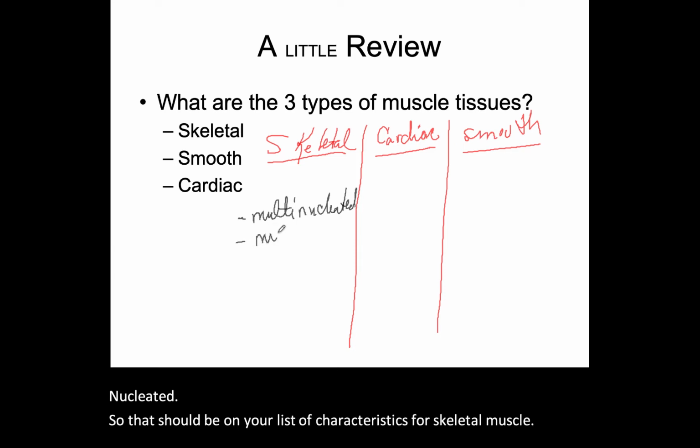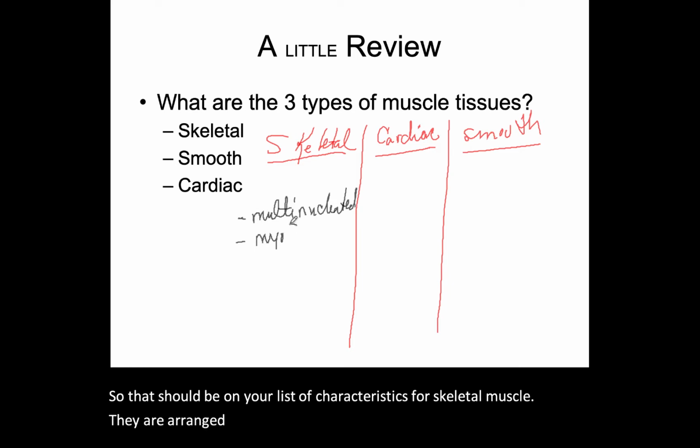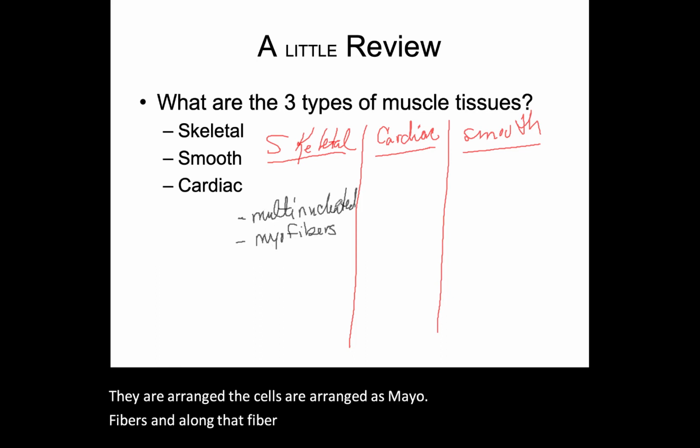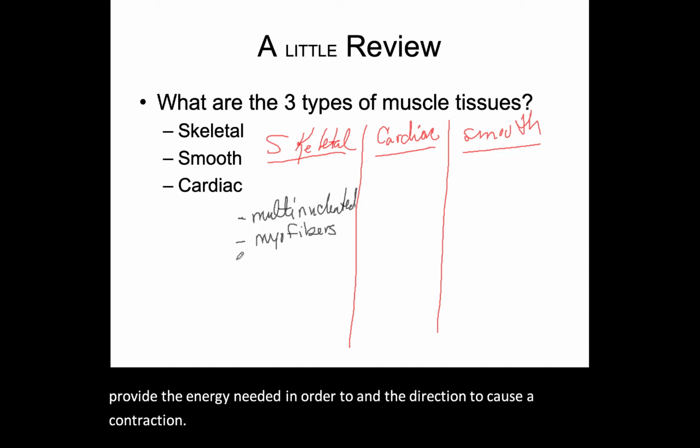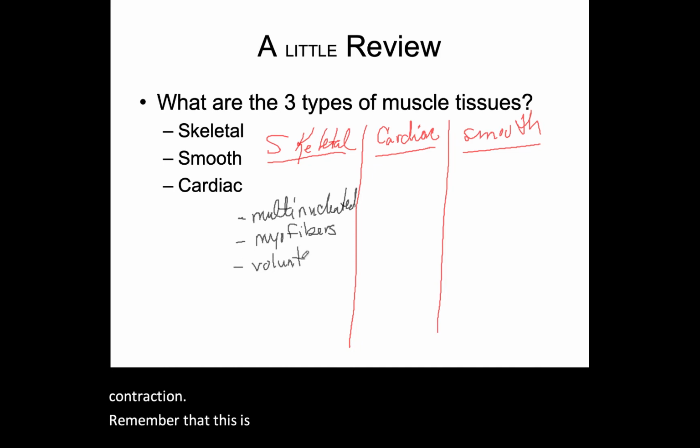The cells are arranged as myofibers, and along that fiber are numerous nuclei to provide the energy needed, and the direction, to cause a contraction. Remember that this is the only type of muscle that is voluntary. You regulate your skeletal muscle consciously.